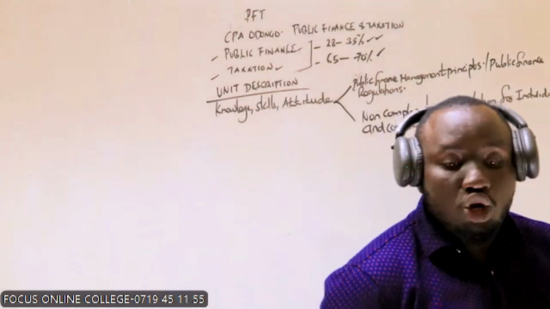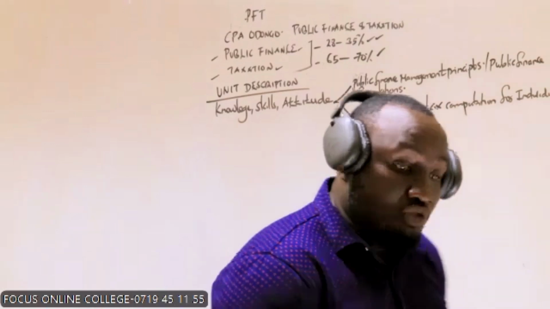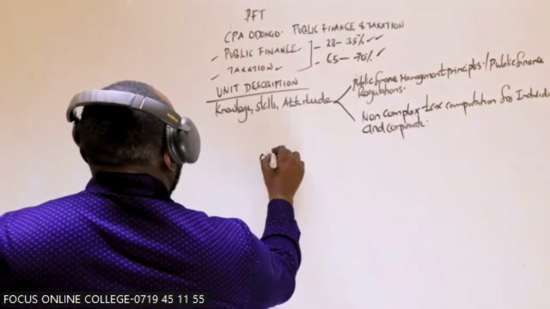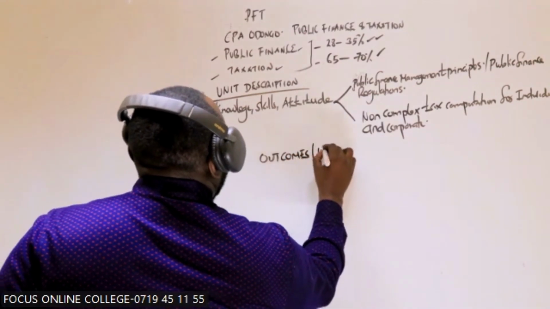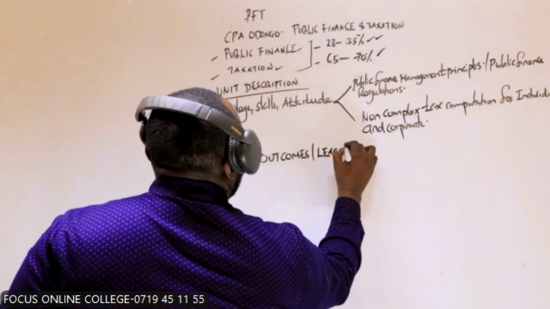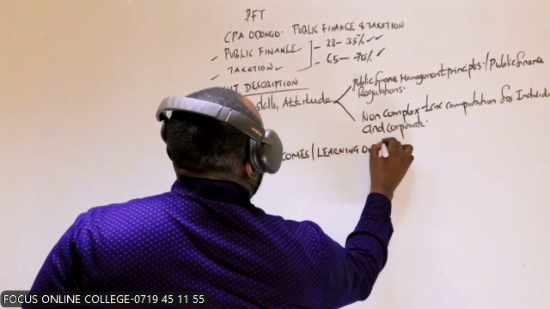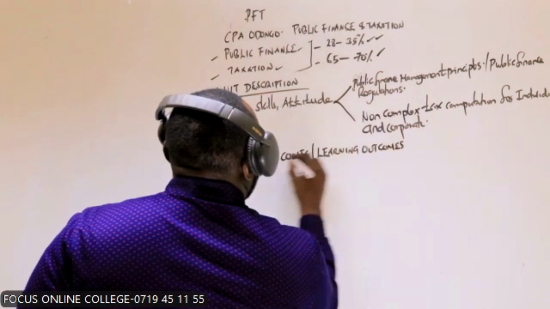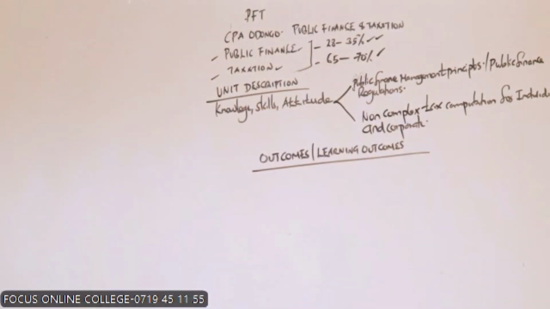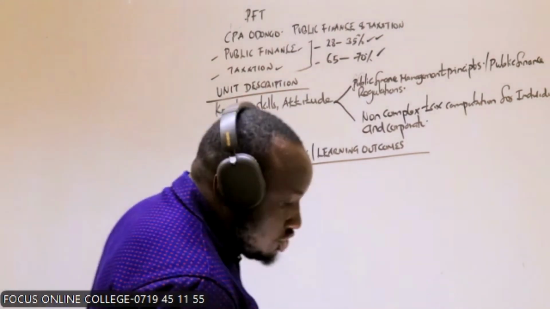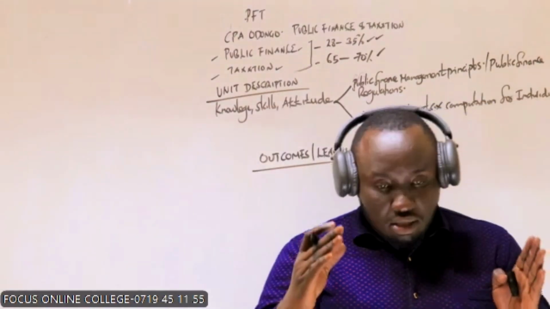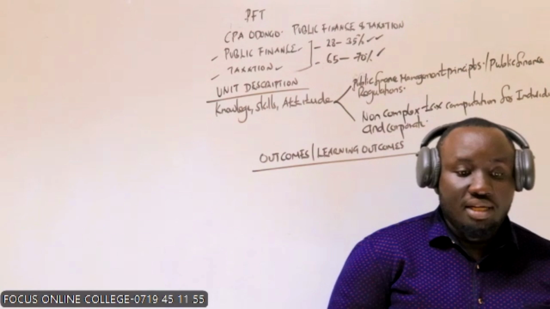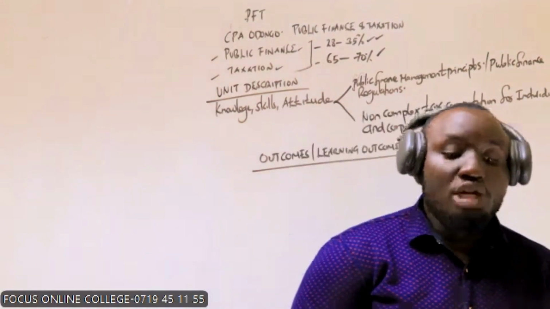So then I proceed to what we call learning outcomes. My expectation for the learners at the end of the day, once I have taught these outcomes, that is what we call the learning outcomes. And a very important fundamental that we did talk about, even on the intermediate, on the foundation when we were meeting: let's make the journey more important than all the things that come on our way.